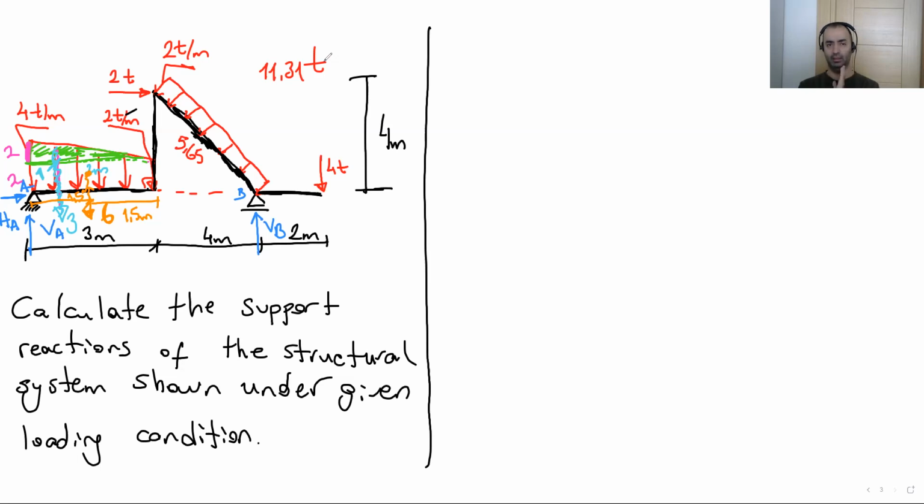Any idea in which direction is our concentrated load? What do you think? You're going to say something, or we are going to wait till you say something. Maybe in the arrow's direction.